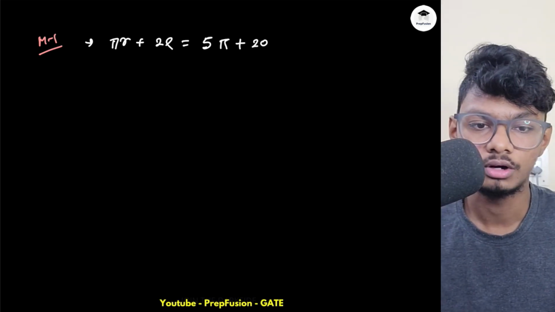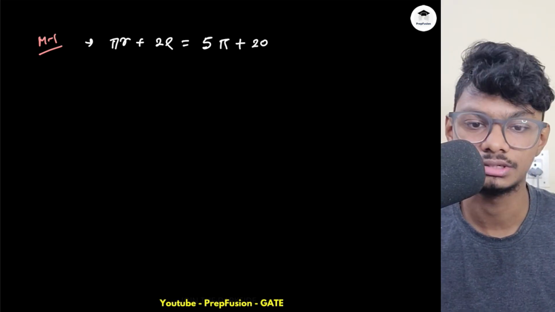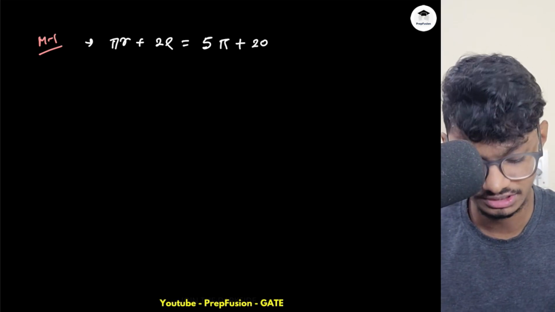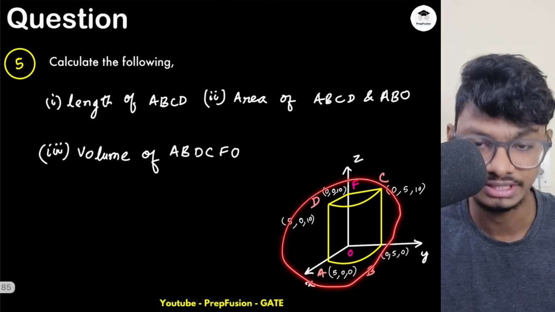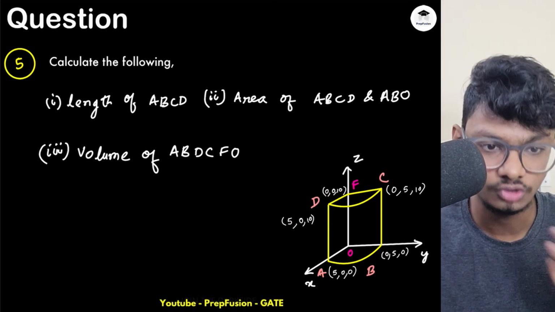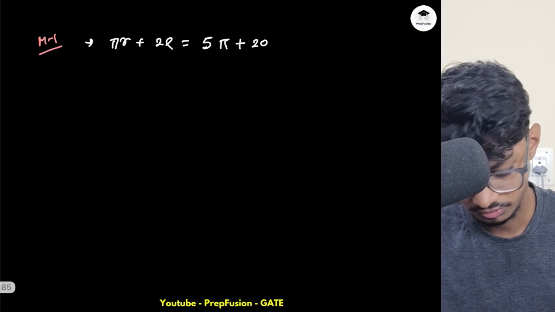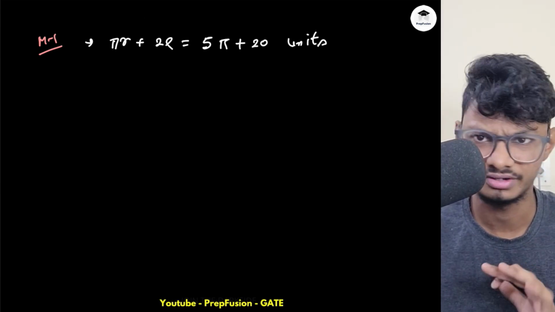Now what if I want to do it in some other way? In the conventional, generalized method. So how do I solve it using the generalized method? First of all I observe that this is a shape like a cylinder, so I can solve this in the cylindrical coordinate system. So this will be 5 pi plus 20, whatever units this has.